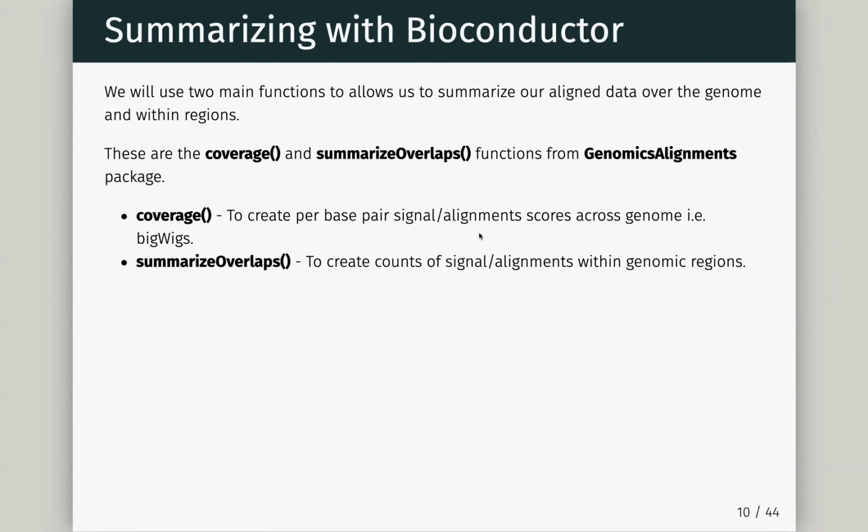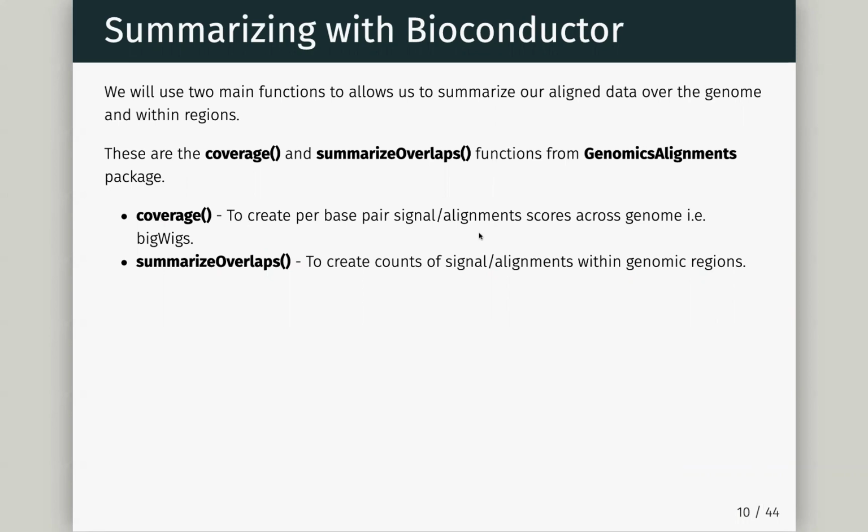There are two main functions which will allow us to summarize our aligned data over the genome and within regions. These are the coverage function, which is really fantastic, and the summarizeOverlaps function, which is also really good. Coverage is in lots of different packages. We will take advantage of the coverage function inside GenomicAlignments.